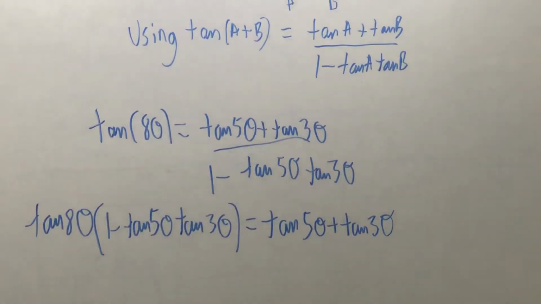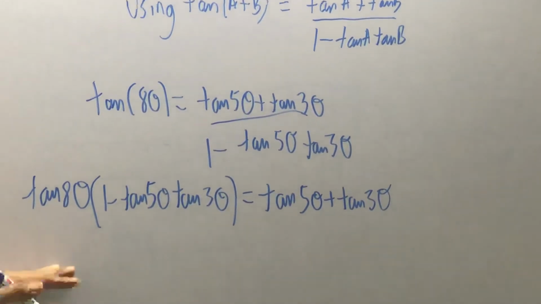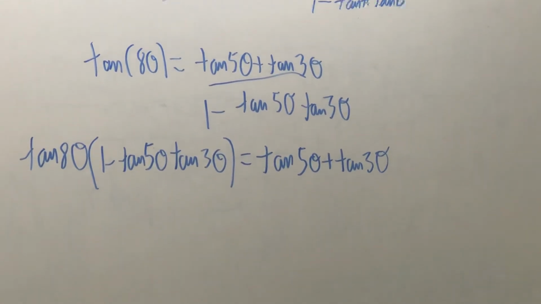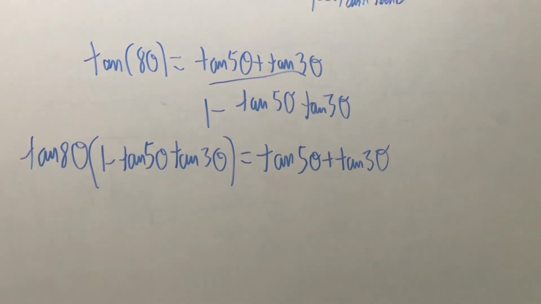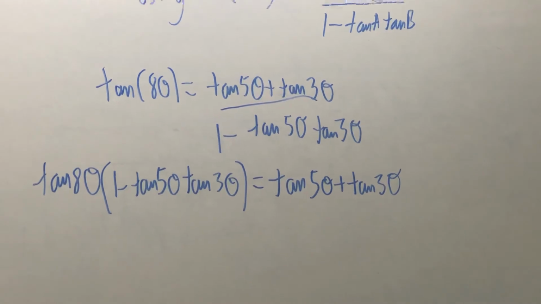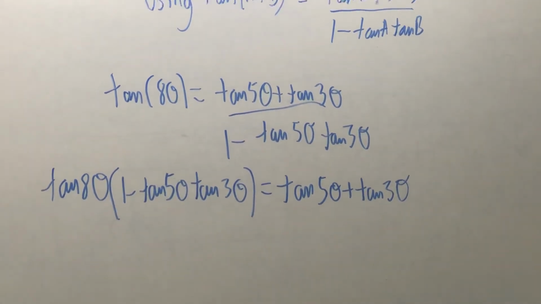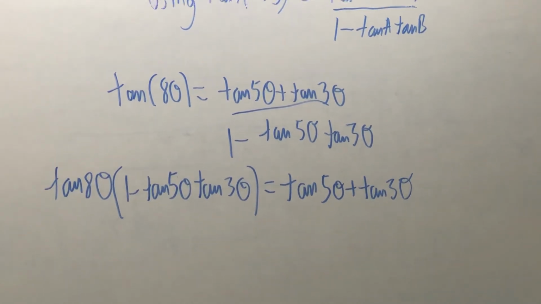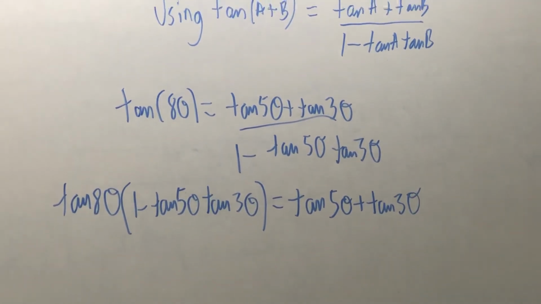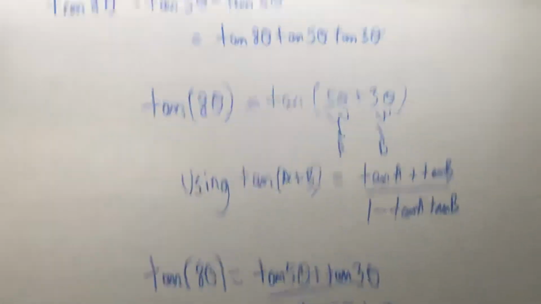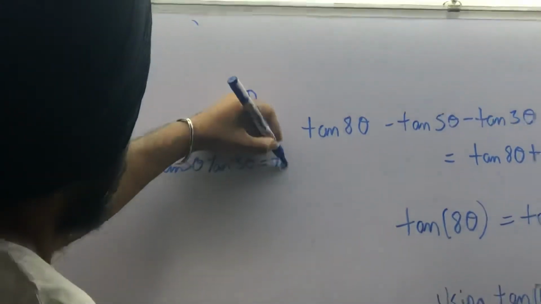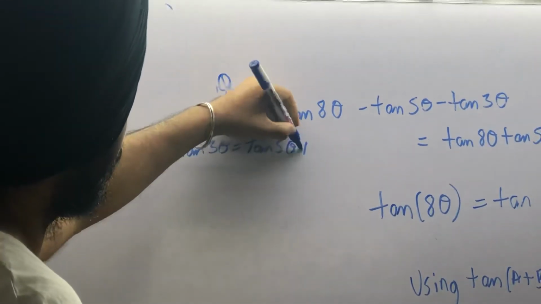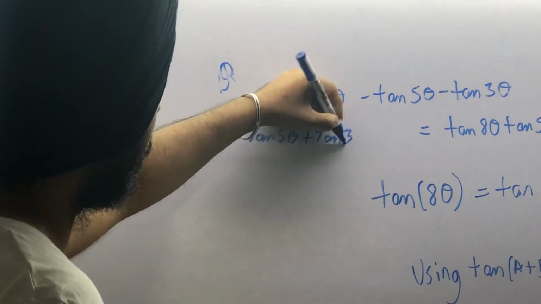I hope till this step is clear. It is clear to you all. Just now open the brackets. So I will write here tan 8 theta minus tan 8 theta tan 5 theta tan 3 theta is equal to tan 5 theta plus tan 3 theta.